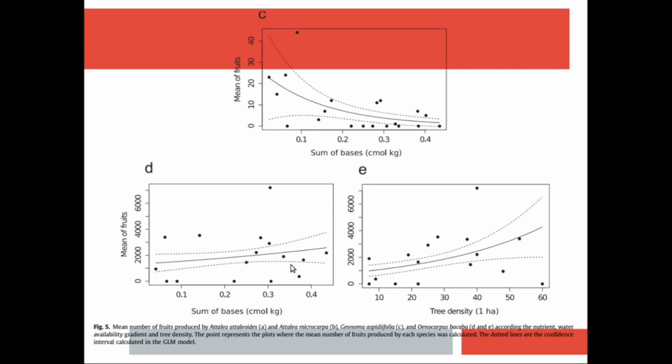We see some weak relationships here, but you see here, for example, Geonoma spixiana giving fewer fruits uphill where there are more nutrients, which is a funny thing to find, but there must be something else that's modulating their amount of fruits near the bottomlands, which are the areas that are more poor in nutrients. Okay, so right there.